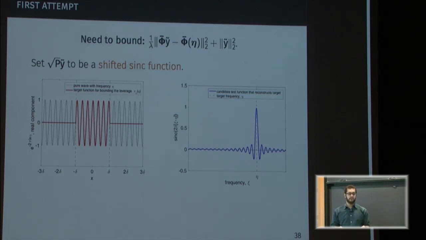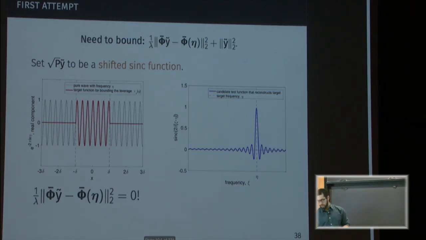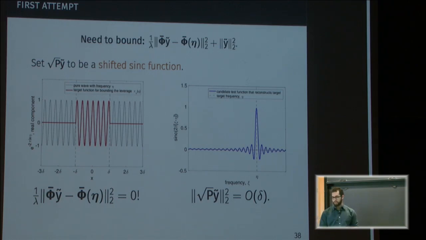Specifically, it's a sinc function with delta. That has the property that I'll still reconstruct my function between negative delta and delta, but it will have much lower norm. We'll get the reconstruction exactly if we do this. And the 2 norm of square root of p times y tilde will be on the order of delta, okay? Which we consider a good bound on the ridge leverage scores.